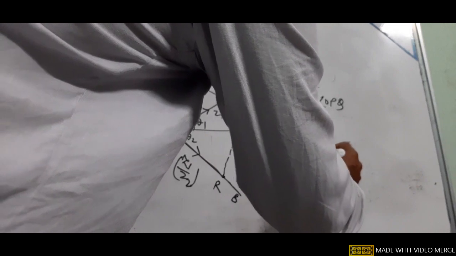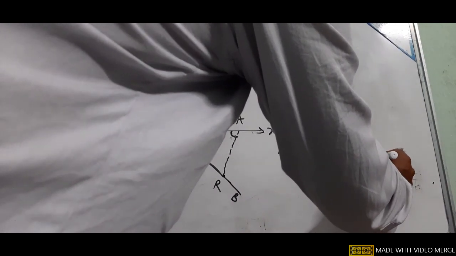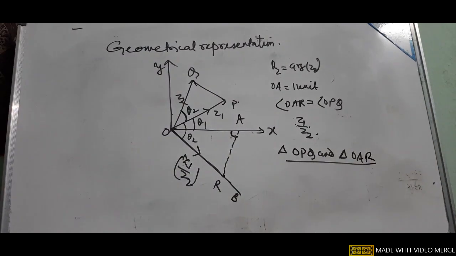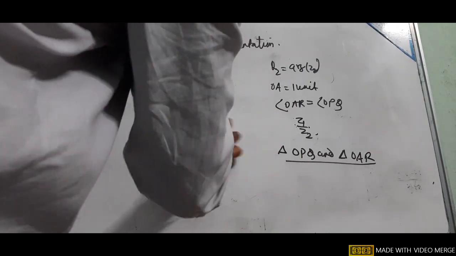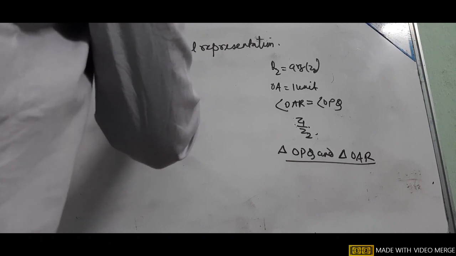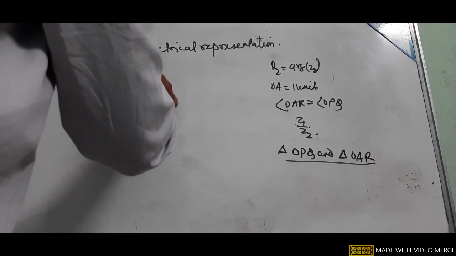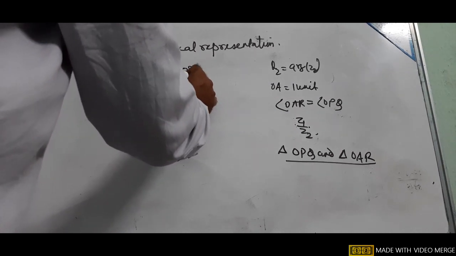So triangle OPQ and triangle OAR are similar triangles. Therefore, we can write from the figure, OR by OA is equal to OP by OQ.